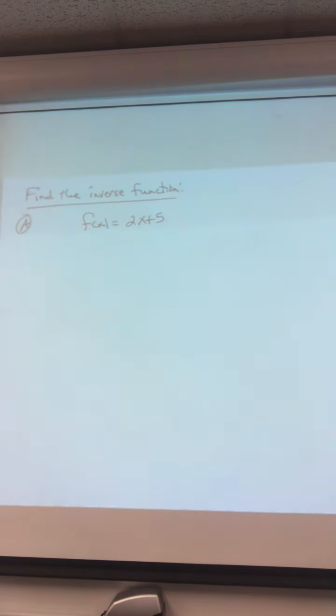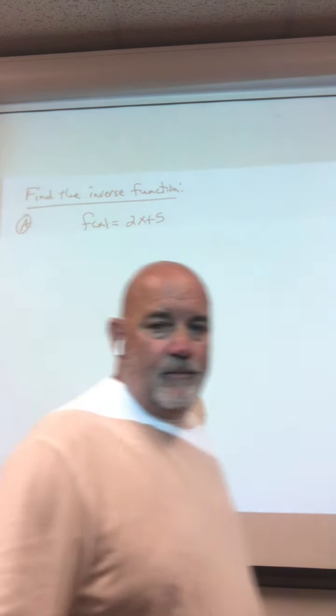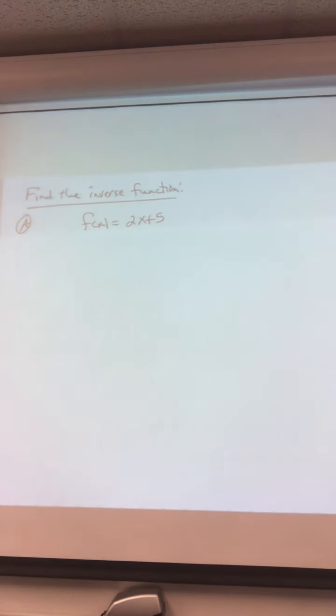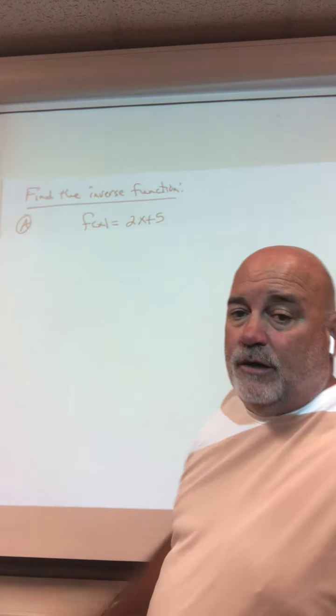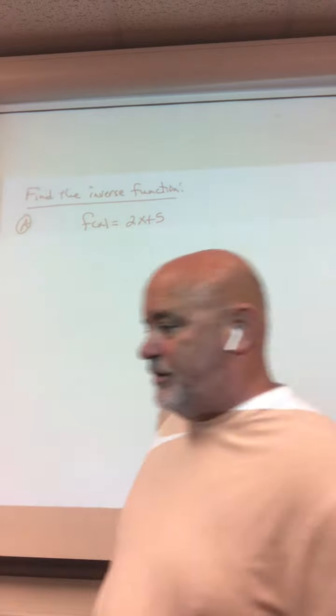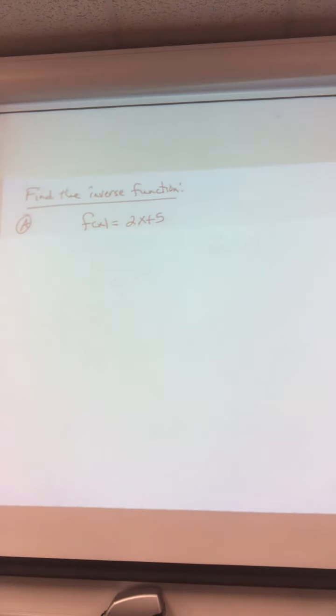This is real easy to do, but you got to memorize your steps. All right, here's the function. Step 1 says, write the given function as y equal to. So the first thing I'll do here is write this as y equal 2x plus 5.